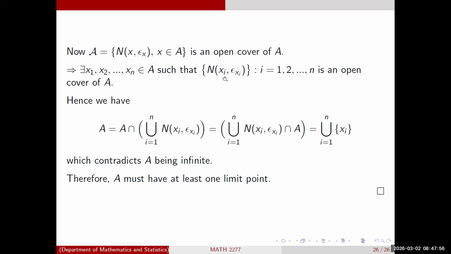These 5 neighborhoods, union them together. But remember, these neighborhoods cover A. So A is somewhere in this union. Therefore, A intersection this union must be equal to A.